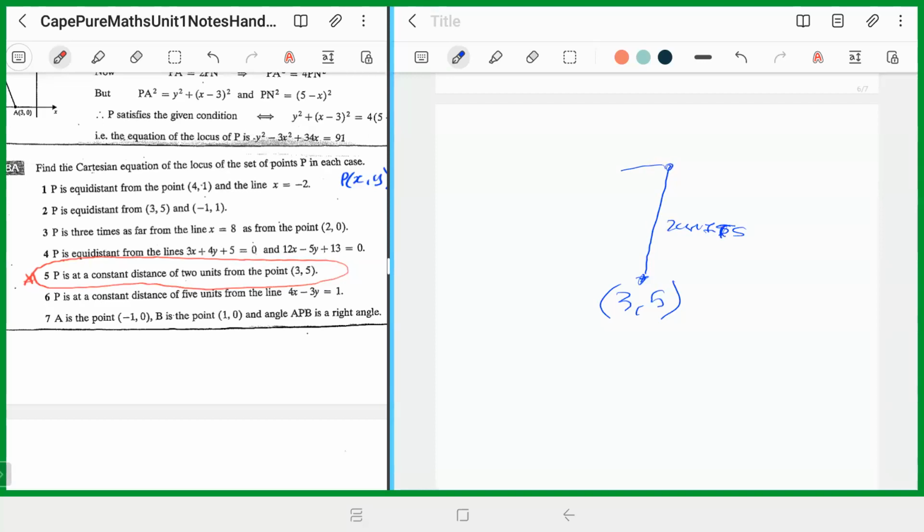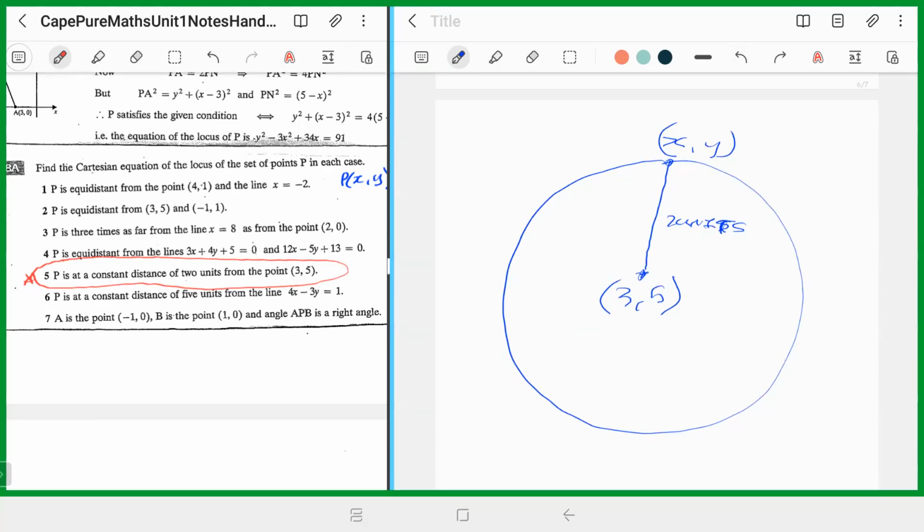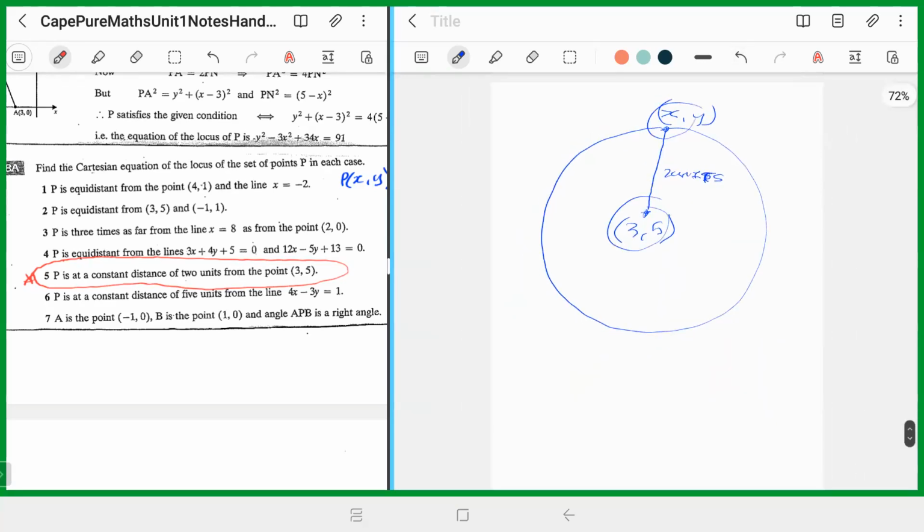And that point must be in a circle of radius 2 units with this as a center. If you call this point xy, that means that this distance is always 2. So the distance between this and this is always 2. So you get x minus 3 squared plus y minus 5 squared.